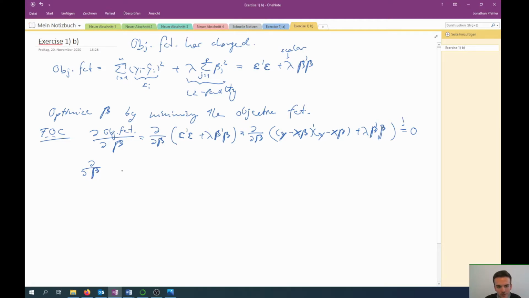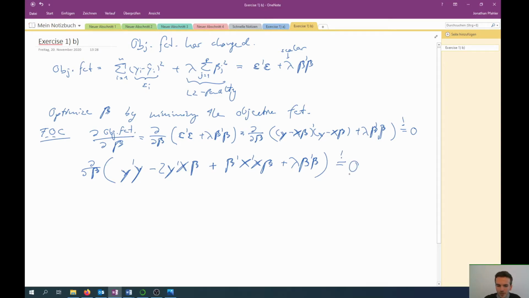So it's the derivative with respect to beta of y transpose y minus 2 ... that should be equal to 0.